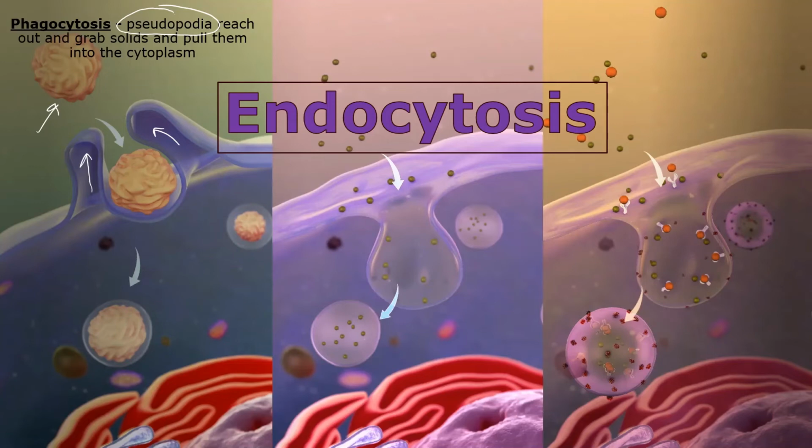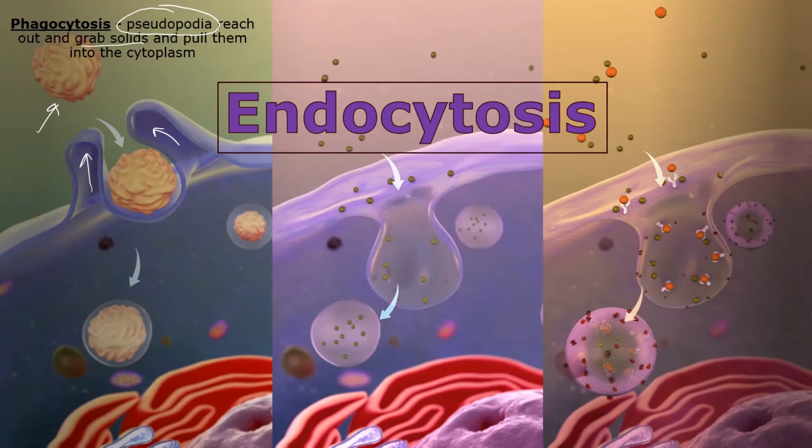So pseudopodia would be false feet. So you're seeing these false feet reach, I think they should call them false arms, but who am I? False feet reach out, grab this meatball and pull it in. So that's what it's saying. It's grabbing solids, eating. That's why we use the word phagocytosis, cell eating. So a form of endocytosis that involves pulling in solid material, cell eating, phagocytosis.